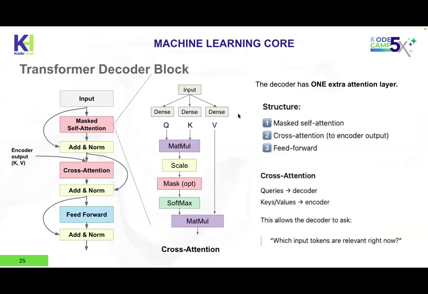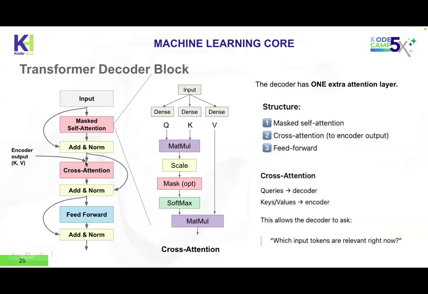So what's a feed-forward network? Okay, before I go into that, let me just summarize this. Decoder has one extra attention layer. So in addition to the masked self-attention, in summary, with the addition and layer norm, we now have a cross attention, which is from the encoder output, basically attending to the encoder output to get key and value projections.